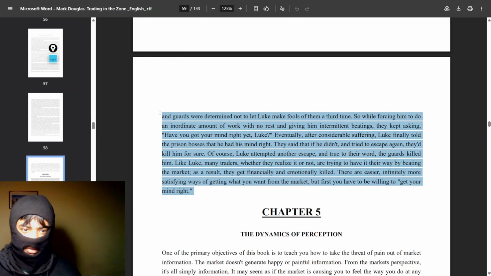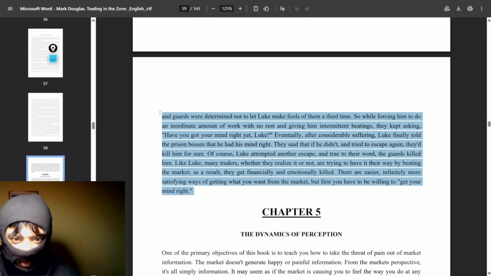Just look at this, bro. The guards were determined not to let Luke make fools of them a third time, so while forcing him to an inordinate amount of work with no rest and giving him intermittent beatings, they kept asking, "Have you got your mind right yet, Luke?" Eventually, after considerable suffering, Luke finally told the prison bosses that he had his mind right. They said that if he tried to escape again, they would kill him for sure.